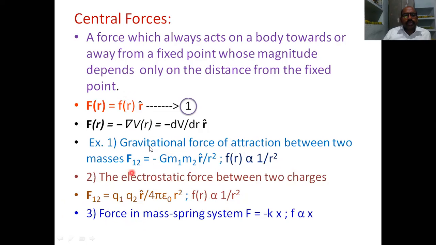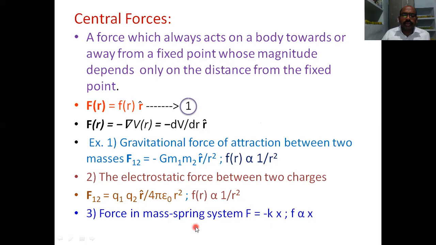Another example for central force is a force in mass spring system. F is equal to minus kx. So here f of r is directly proportional to x. These are the examples for central forces. In case of mass spring system, the force always acts towards the point.